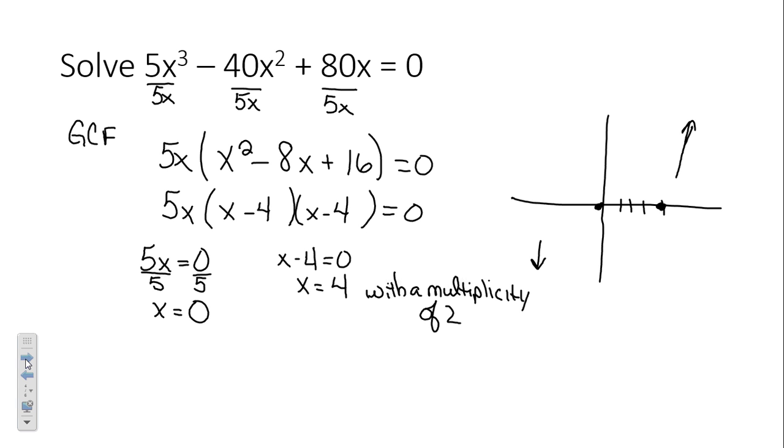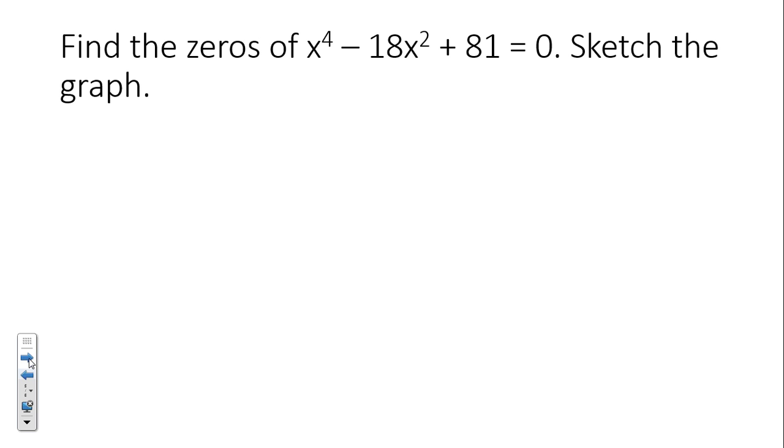It'll come down, it'll touch it, it'll bounce back up, and then it will go through. Okay. All right, next example. Find the zeros of this one from the polynomial challenge from yesterday. Number 7.